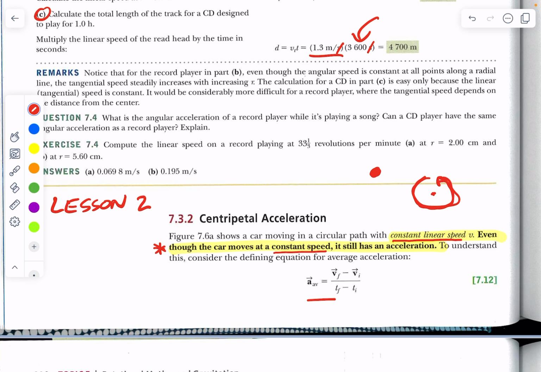So when we look at this equation right here, if we're going at a constant speed, you might say, well, if I take my final velocity and then subtract my initial velocity, that should equal 0, because the speeds are the same. Well, it is true that the speeds are the same, but the directions are not. Therefore, the velocities are not identical. Therefore, the numerator, which is the difference in the final and the initial velocity, cannot be equal to 0.